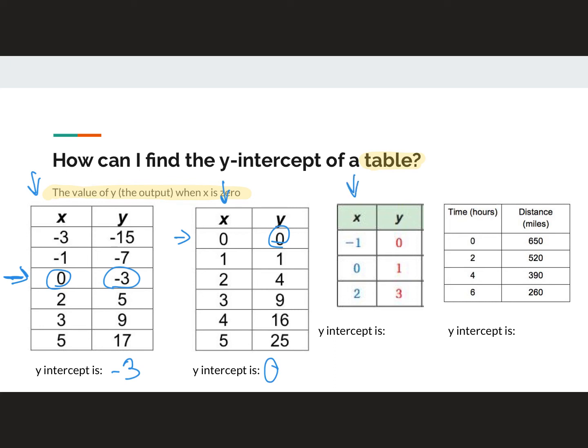Again, when x is 0, y is 1. And this one, this time our input is not x, but this is still our input. When our input is 0, our output is 650. So when you're looking at a table, all you're going to do is find where your input is 0 and give the output for the y-intercept.